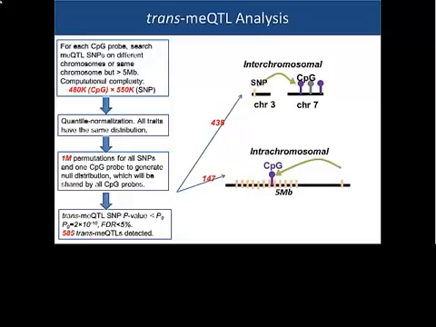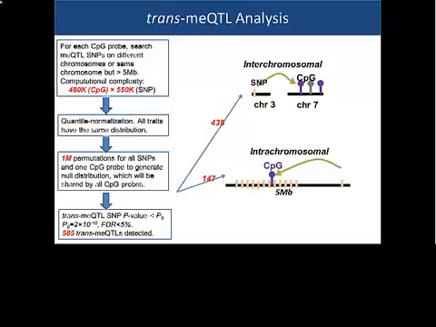Because of this strategy, we were able to run 1 million permutations for all of the SNPs and generate this null distribution. Based on this procedure, we found that a p-value of 2 times 10 to the -10 controls the false discovery rate at 5%.